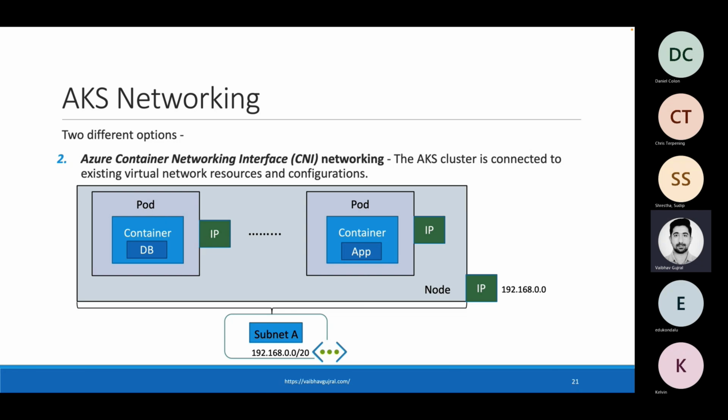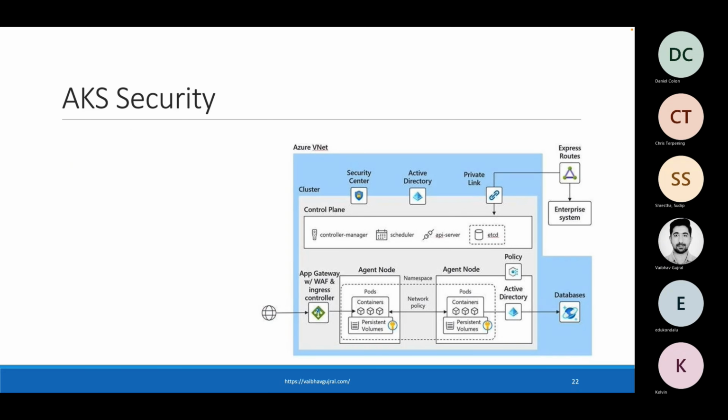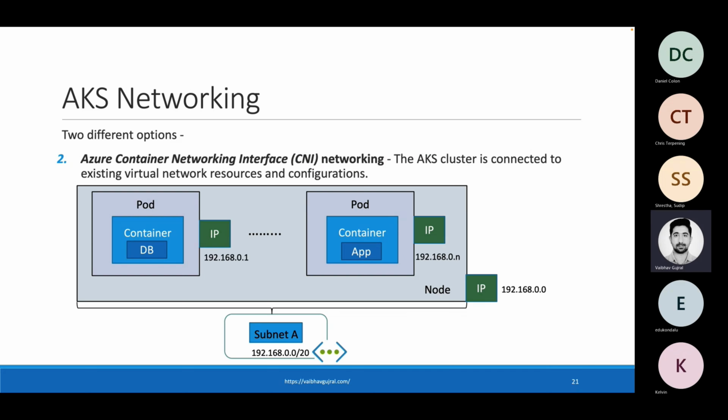So in this example, the node will still get the IP address from the virtual network. But the only difference from the previous approach is that in this scenario, your pods also get an IP address from the virtual network subnet. So if there are multiple nodes and each of those nodes have multiple pods, all of those nodes and pods get the IP address from the same virtual network.